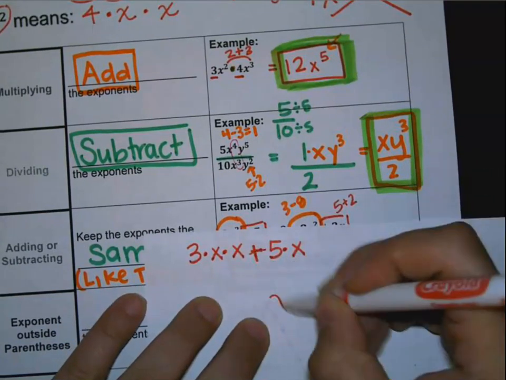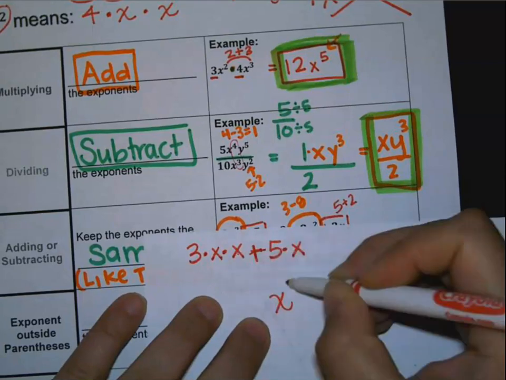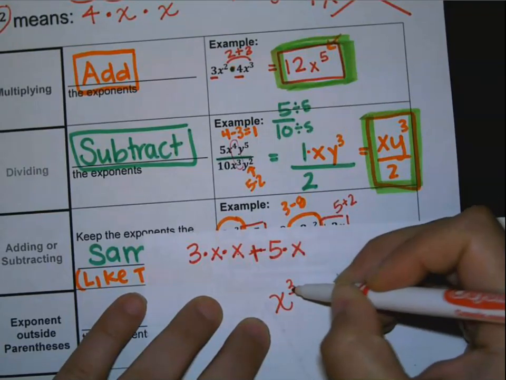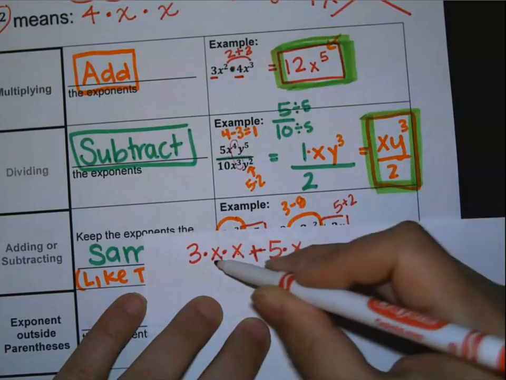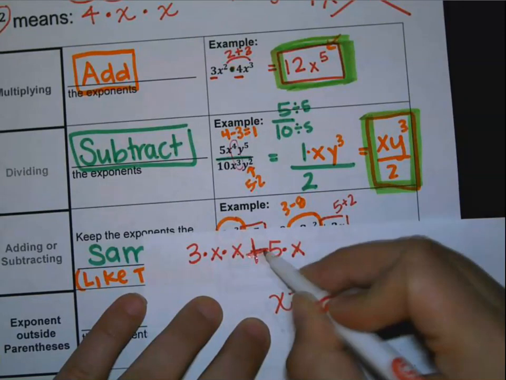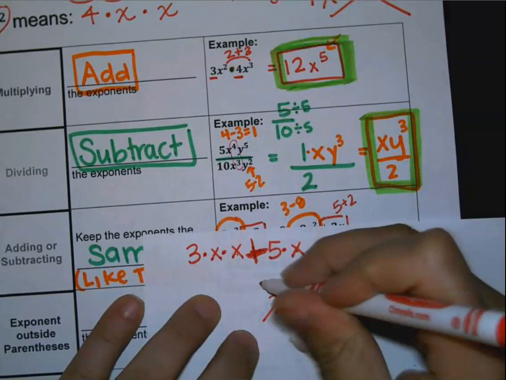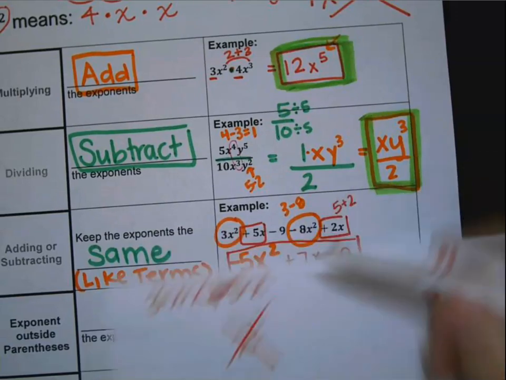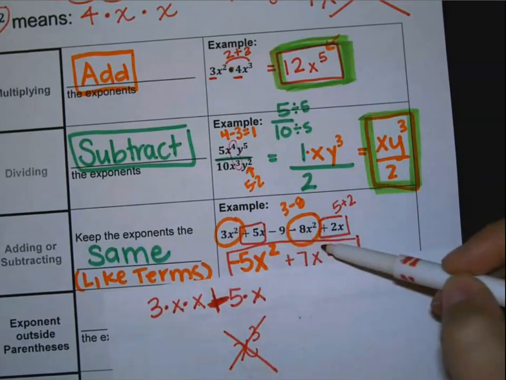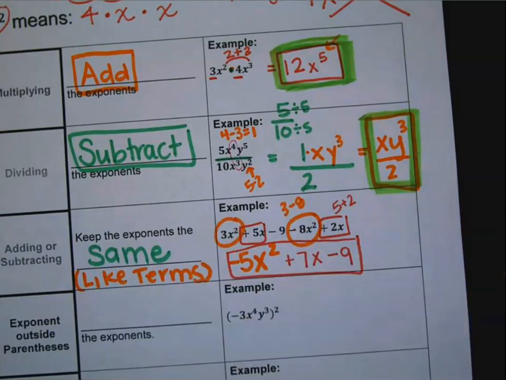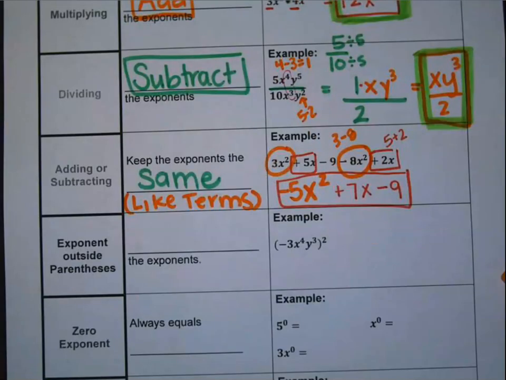Remember, an exponent means that there are that many x's multiplied, but these are added. So that's why you can't add the exponents when you are adding and subtracting. Exponents are for repeated multiplication. All right, let's go ahead and take a look at the next one.